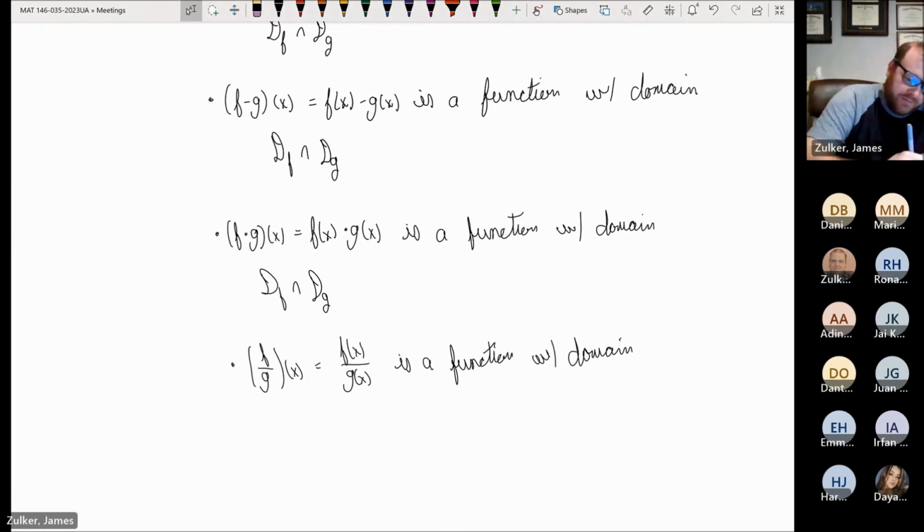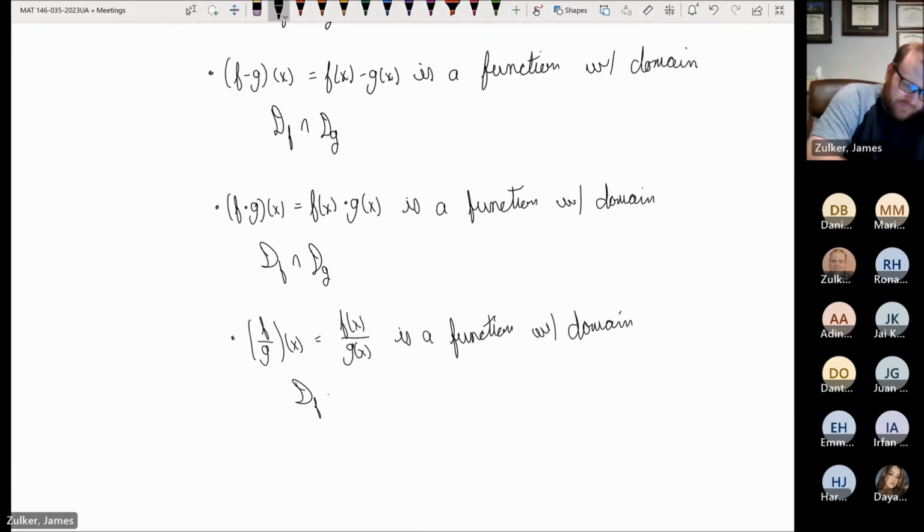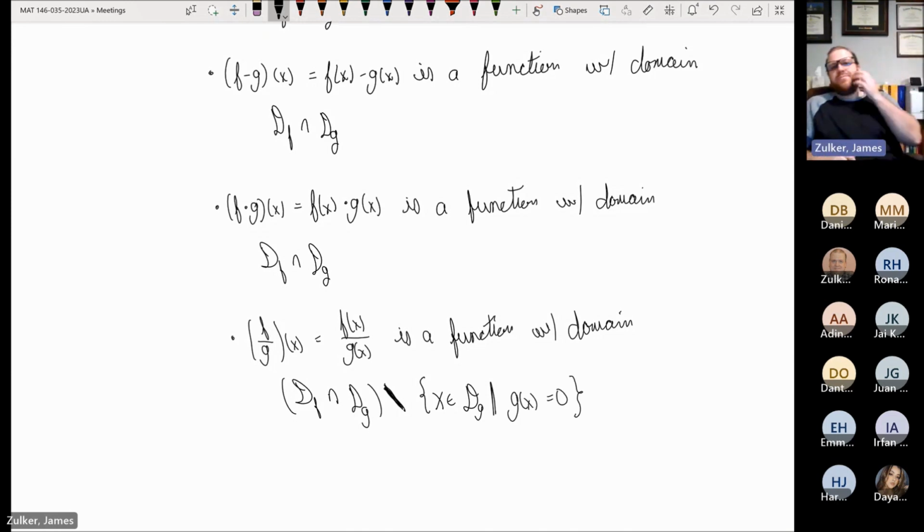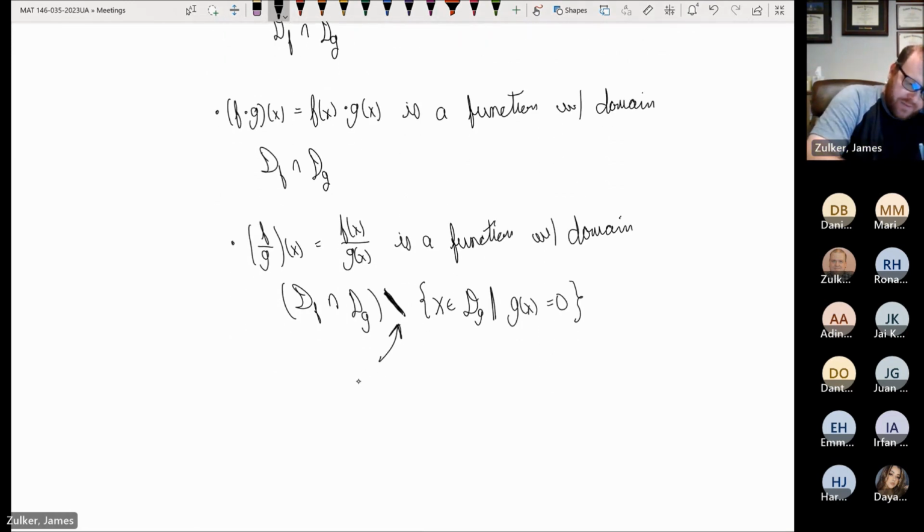It has domain: intersection of the domains minus any value in the domain of g that makes g of x 0. All right, so that forward slash is set minus.